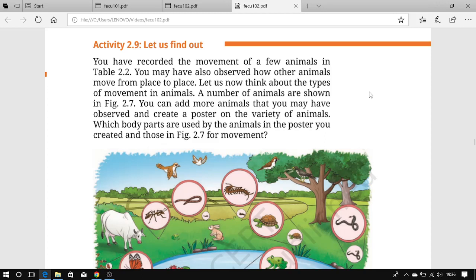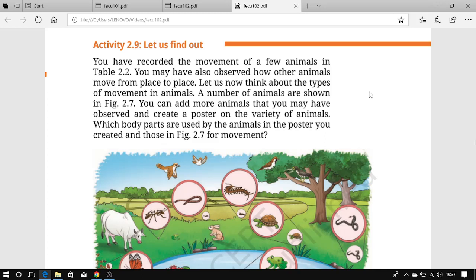You may have also observed how other animals move from place to place. Let's now think about the types of movements in animals. A number of animals are shown in Figure 2.7. You can add more animals that you may have observed and create a poster on the variety of animals.